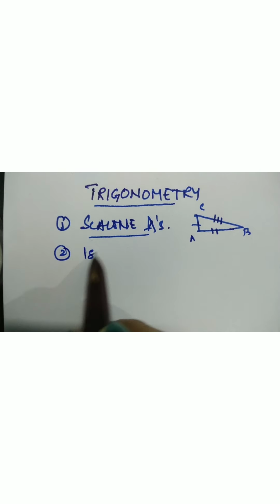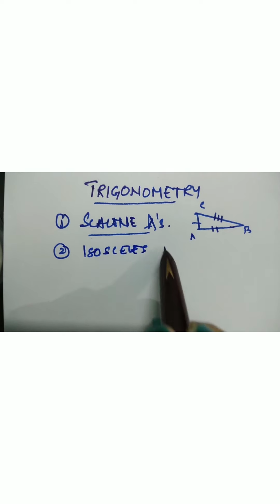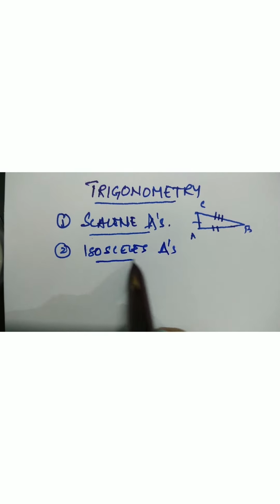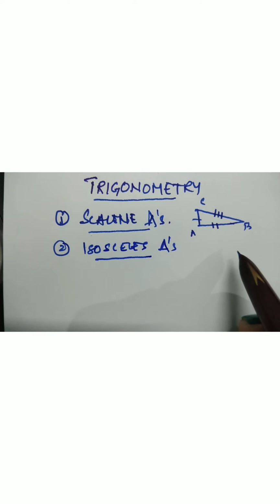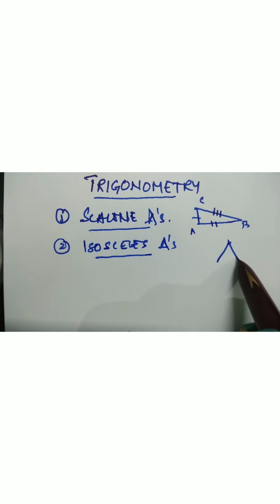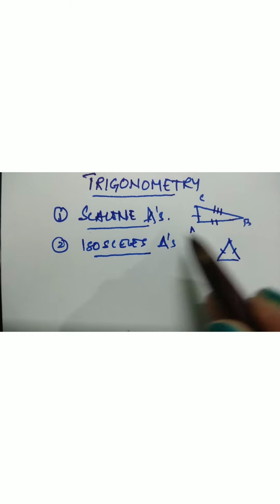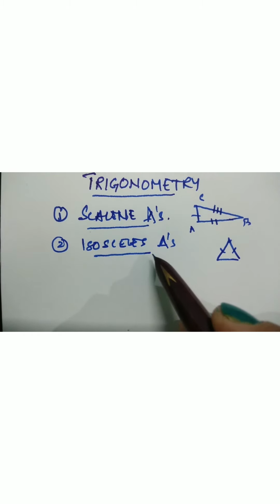Now come to the second type, isosceles. Isosceles triangles. What are isosceles triangles? The triangles where two given sides are of equal length. If two sides are of equal lengths, such types of triangles are called isosceles triangles.